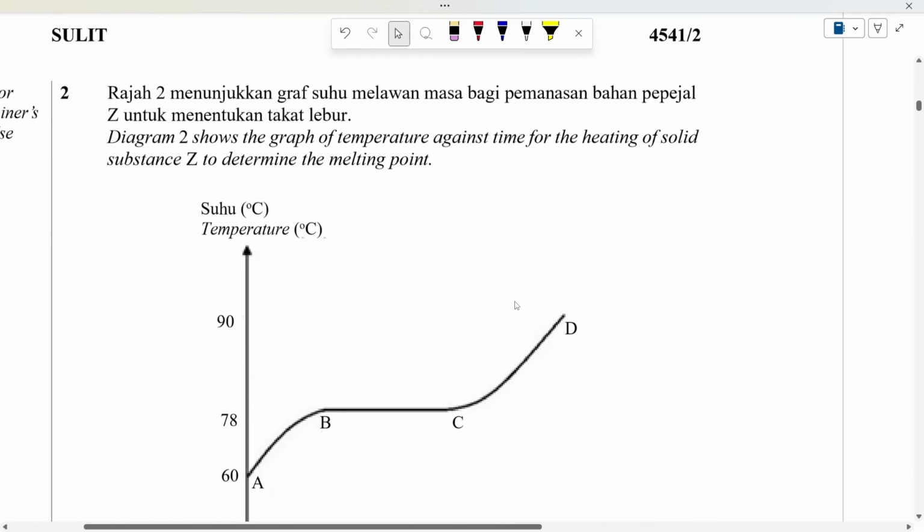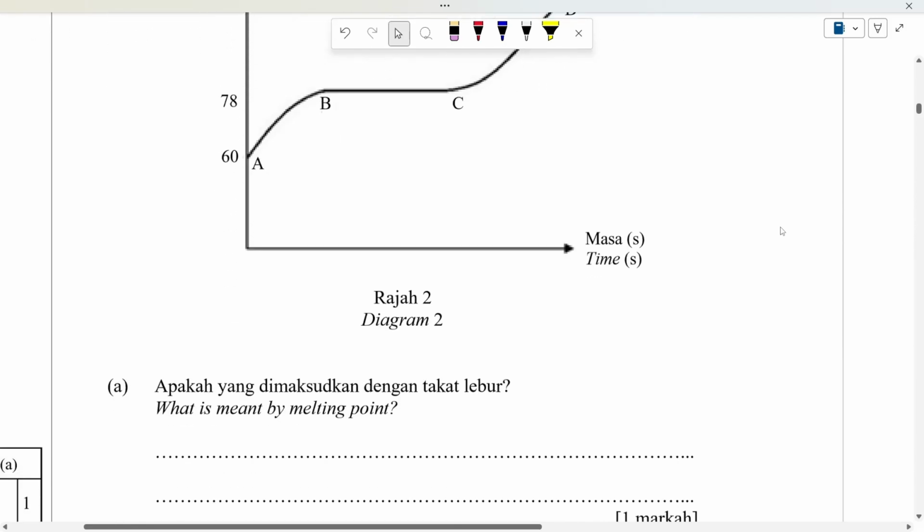Diagram shows a graph of temperature against time for heating of solid substance Z to determine the melting point. Now, what is meant by melting point? First one, definition. Okay, Camilla. What is the definition?